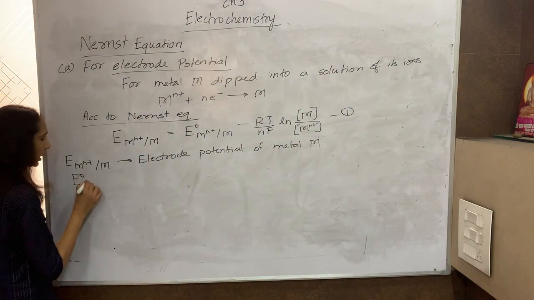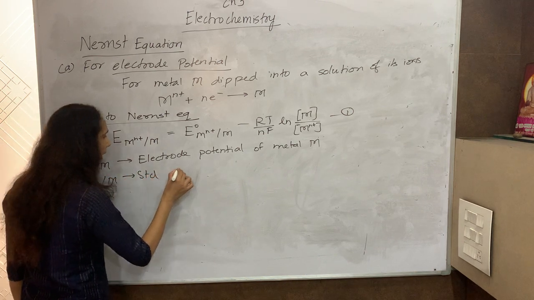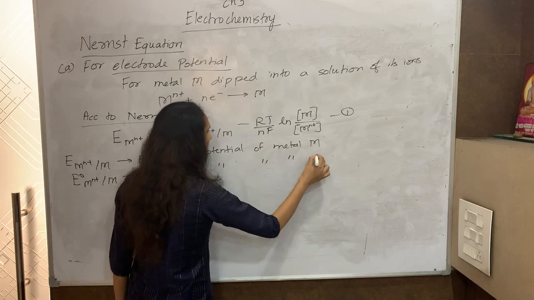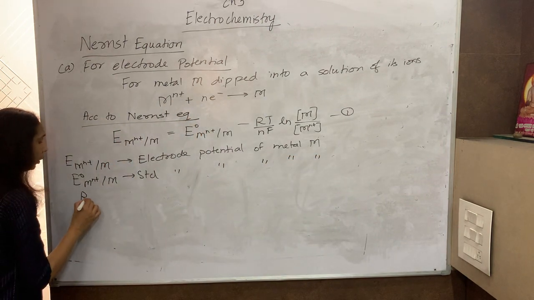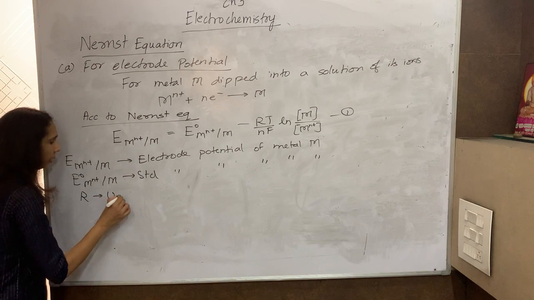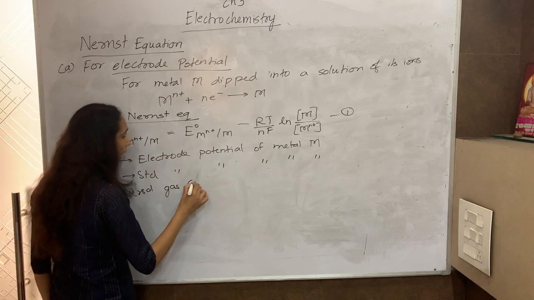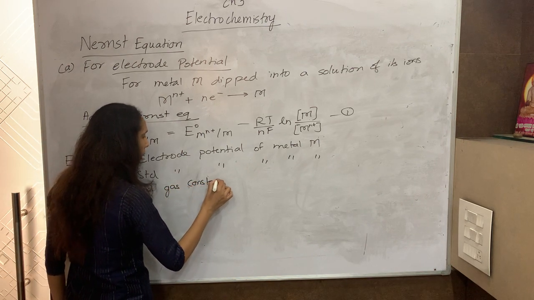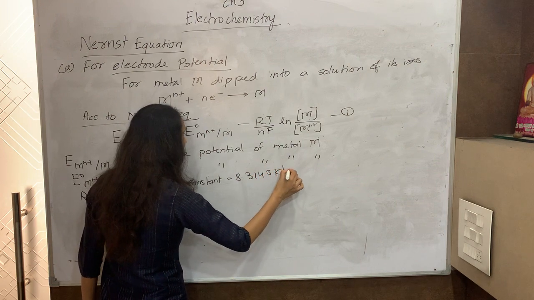E° (M^n+/M): naught means the standard electrode potential of metal M. R, you know, is the universal gas constant. And we know the value of R. What is the value of R? 8.314 joule per Kelvin per mole.